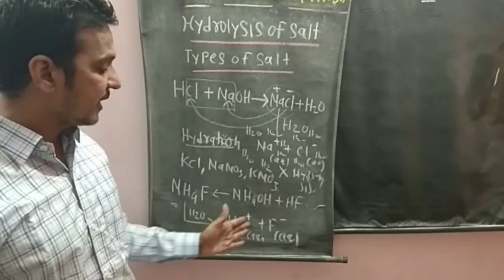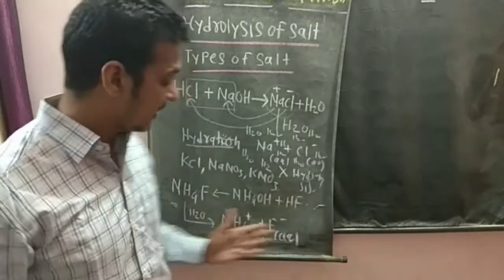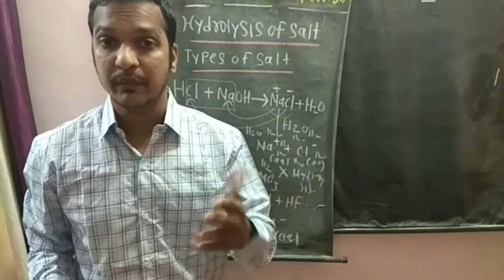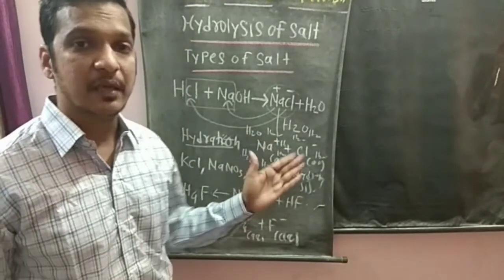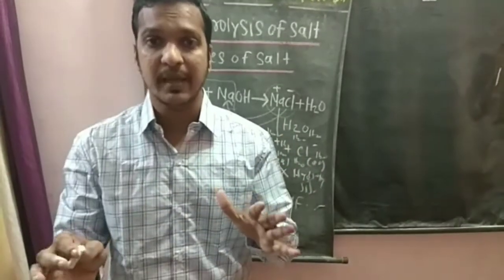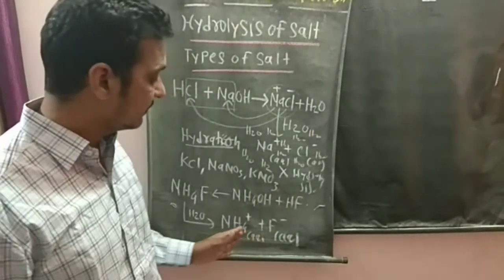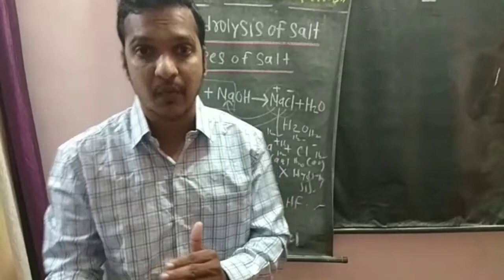Now, do these ions NH4 plus and F minus further react with water? Yes, they further react with water, which is not shown in the case of NaCl. When NaCl is dissolved in water, the ions do not further react with water. They remain as they are, only with water molecules around them. That process is called hydration.